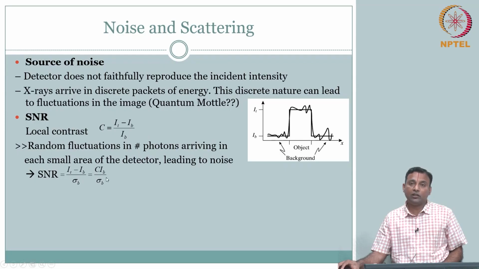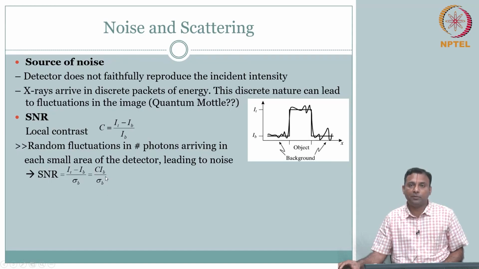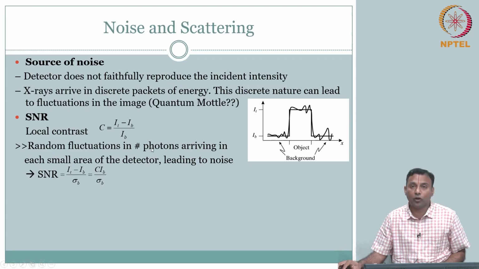So this is my signal to noise ratio, but how do I work this further? I need to bring in my signal and noise more explicitly, because my noise and signal come from the number of photons. So how do I expand this?